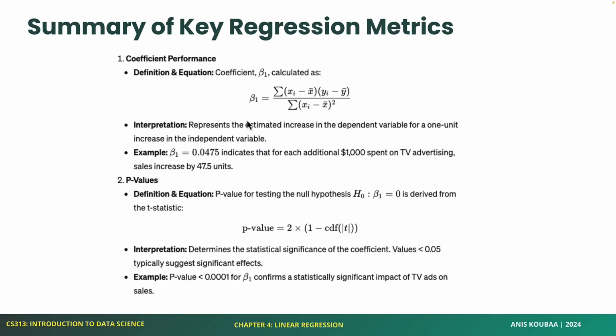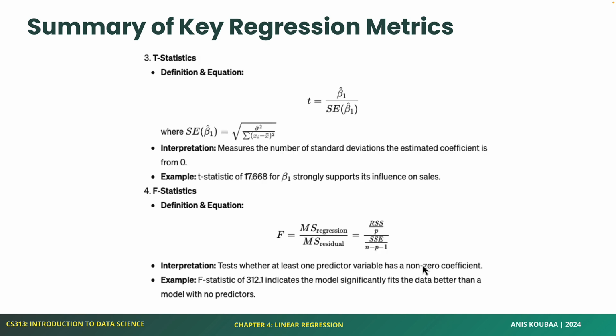Okay, so this is a summary of all the metrics. This is the summary of how to calculate beta 1 and beta 0. Mathematically, we have also introduced the p-value. If the p-value is smaller than 0.0001, in this case there is a relationship between the dependent and the independent variable.